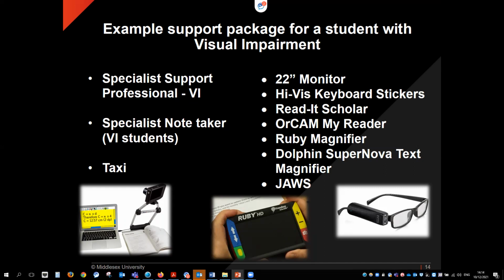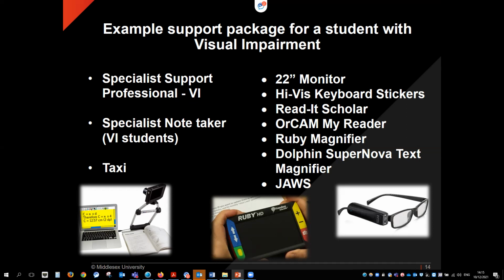They can have access to a specialist note taker for their lectures, because obviously the student will struggle with note taking. There will be an assigned note taker that would sit in the lecture and do the notes for them. The student would be eligible for the taxi as well.